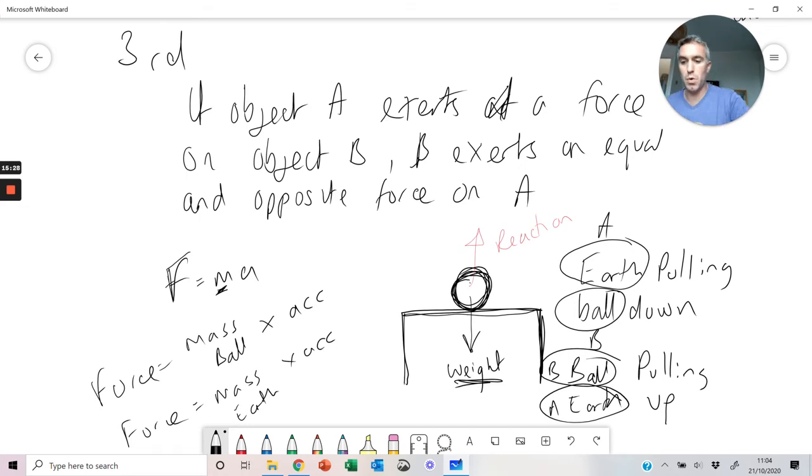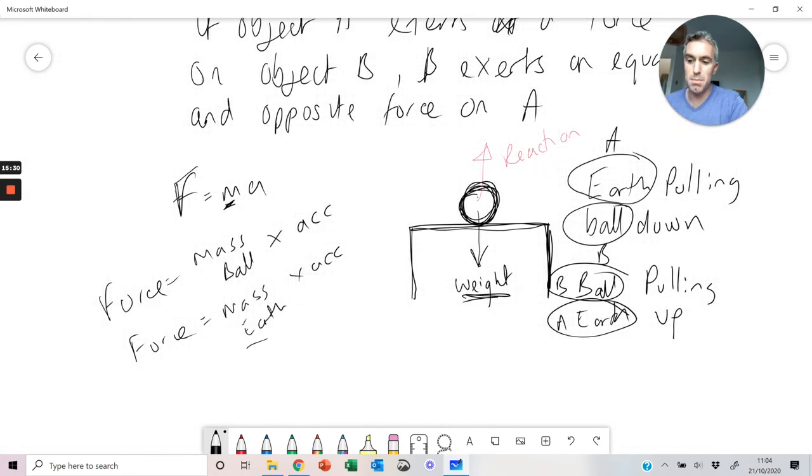What you should hopefully notice is that the mass of the Earth is enormous. So mass of this multiplied by the acceleration equals a force means the acceleration has to be tiny for this force to be equal. So these two values are the same.